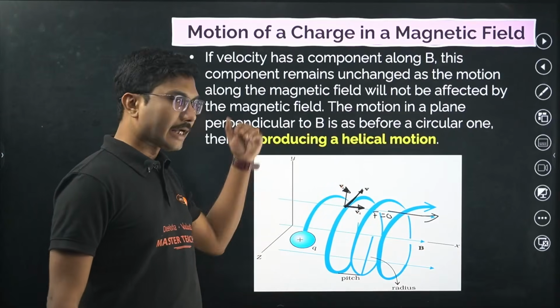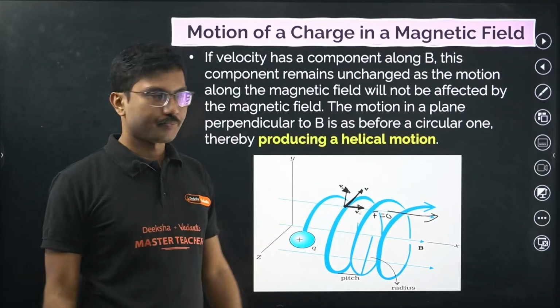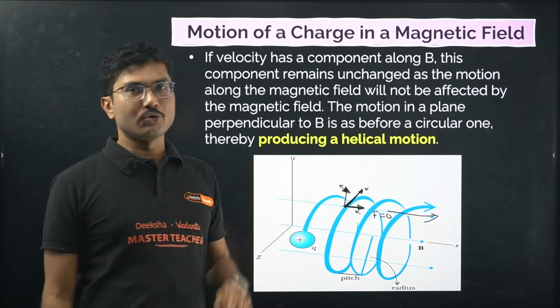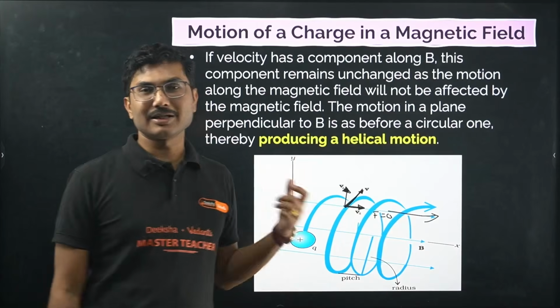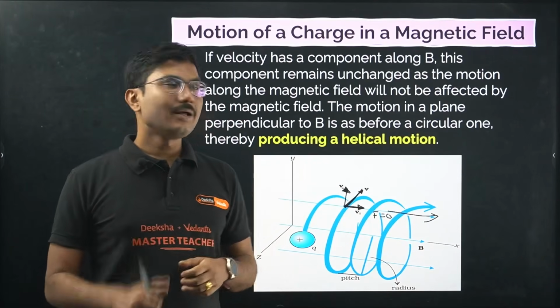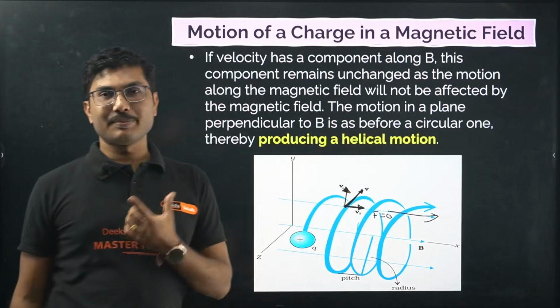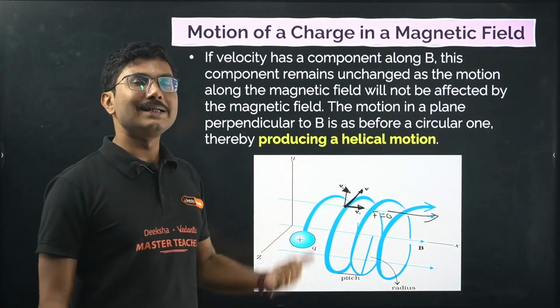So this one will try to make it move in a circular motion, this one will try to take it in the forward direction. Okay, and combining these two motions, what will we get? We will get a helical motion. This is like a spring. If you have seen a spring used inside your pen, then that is the same as the spring. Okay, so both of the motions will happen simultaneously.